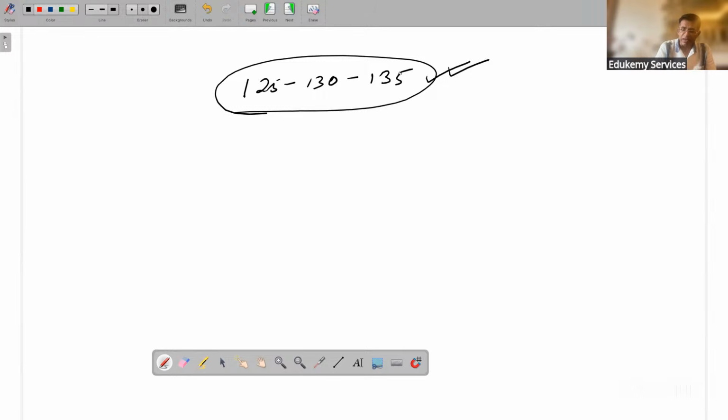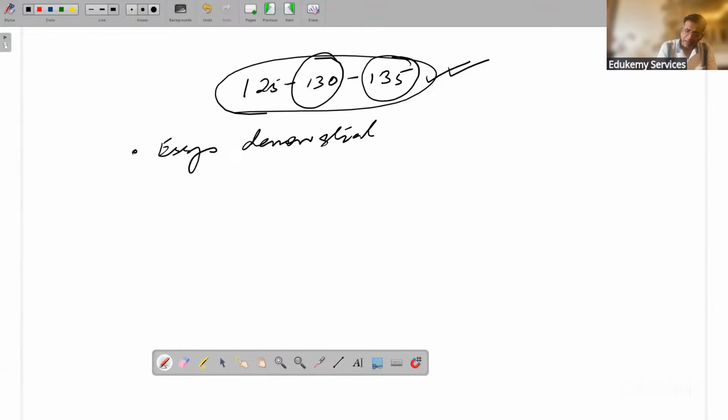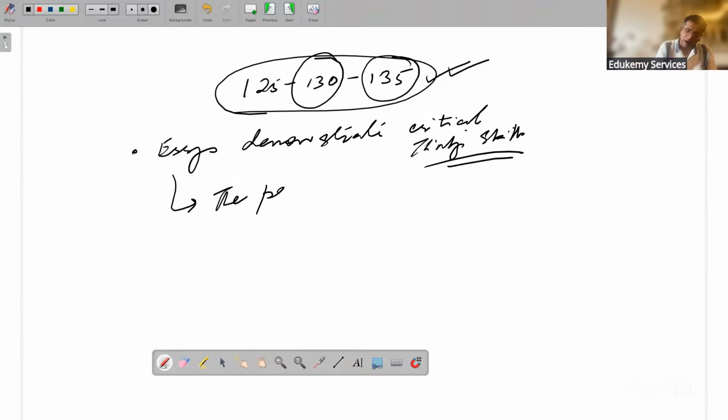Now, if you're setting 135 or 130 as your target, it's very important that the essay demonstrates your critical thinking skills. Essentially I'm looking at essays demonstrating the person that you are.